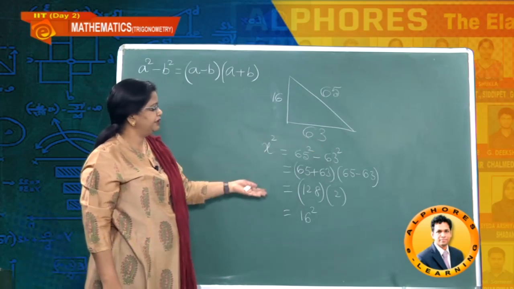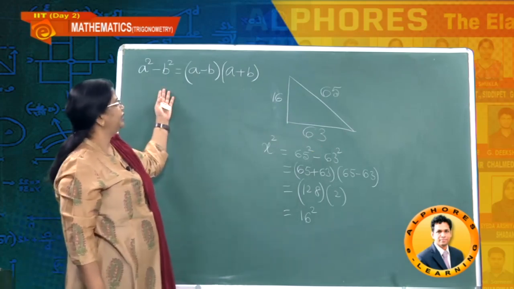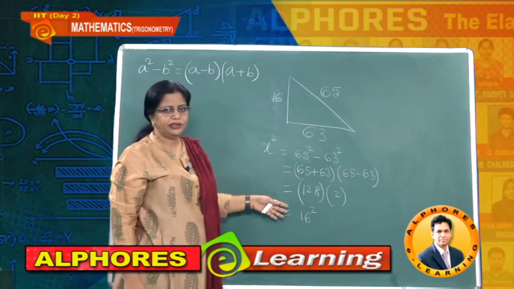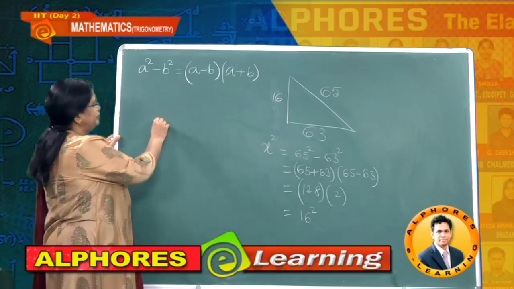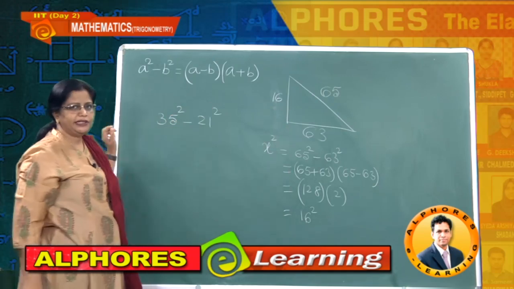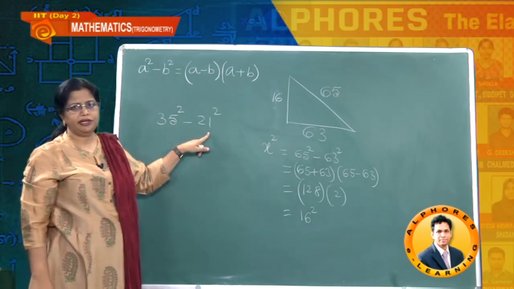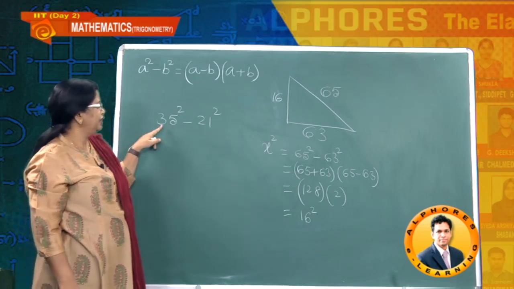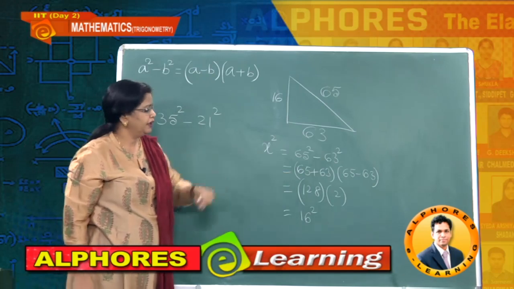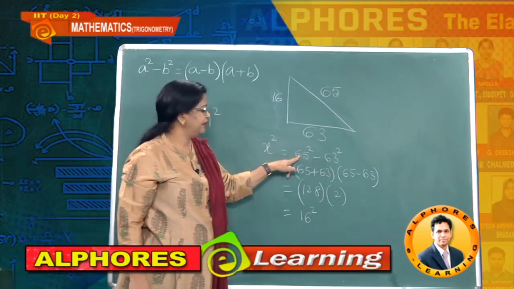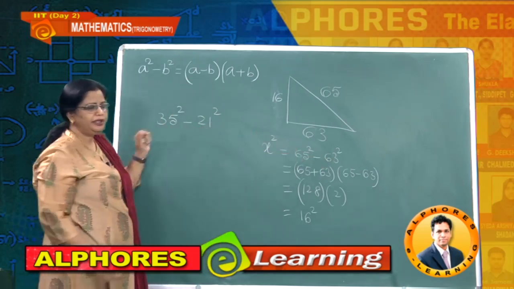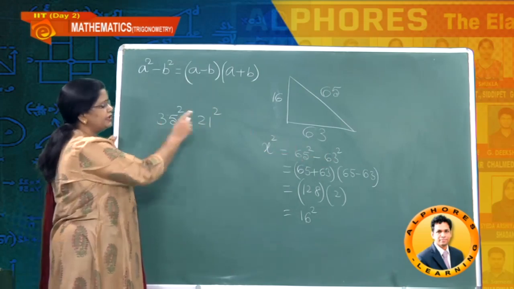So whenever you observe such real numbers, just make use of this formula. Not only for a right angle triangle. Suppose I write 35 square minus 21 square. Here there is no need of writing 35 plus 21 in the beginning itself, because there is a common factor, and the common factor is nothing but 7 here and 7 here.